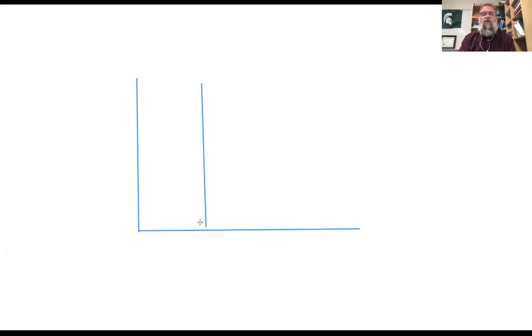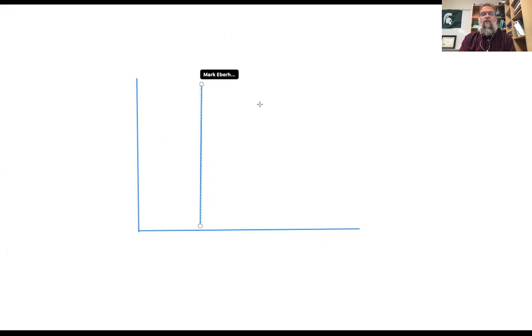All right, what did I do with my pencil? Okay. So I'm going to make a graph. Okay. And I'm going to divide it into 4 sections.